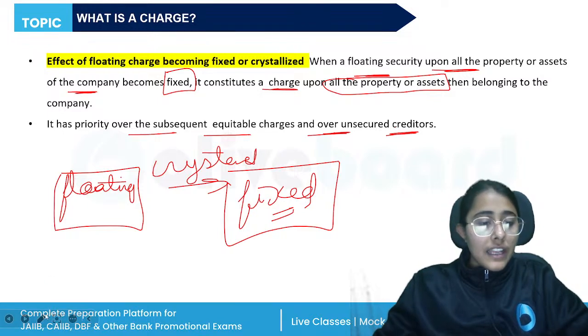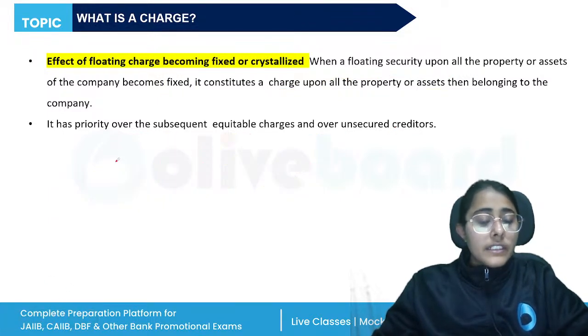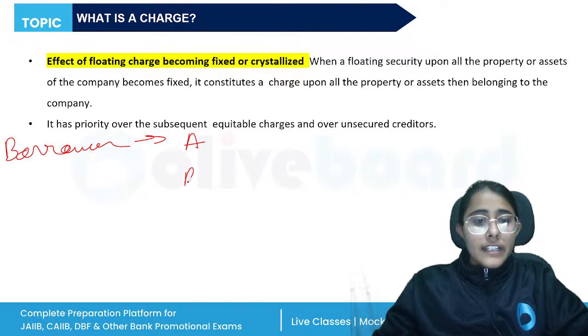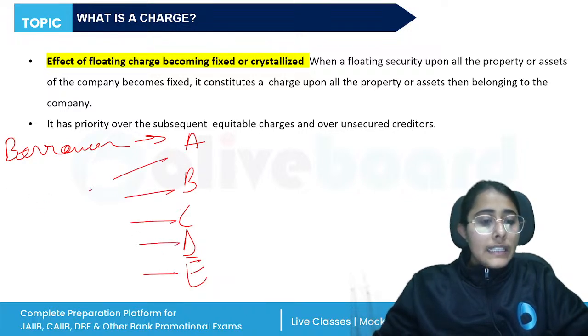Now let me just clarify it once. Let's say the borrower had taken loan from five different creditors A, B, C, D and E. All right, but the charge was created on the same property, let's say on the property of the company that is kept in the warehouse.